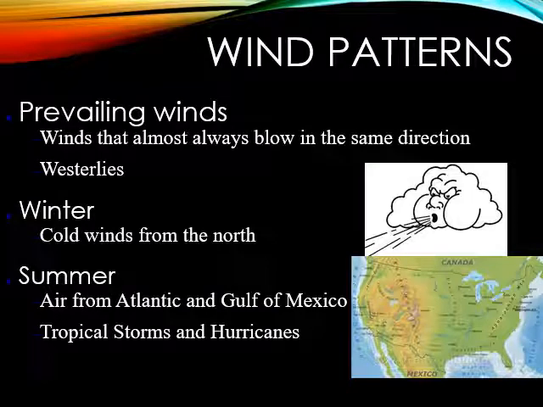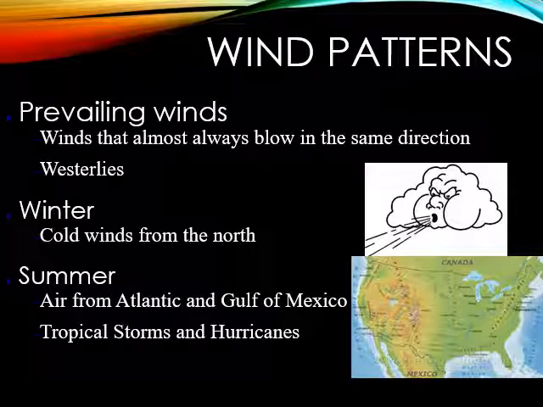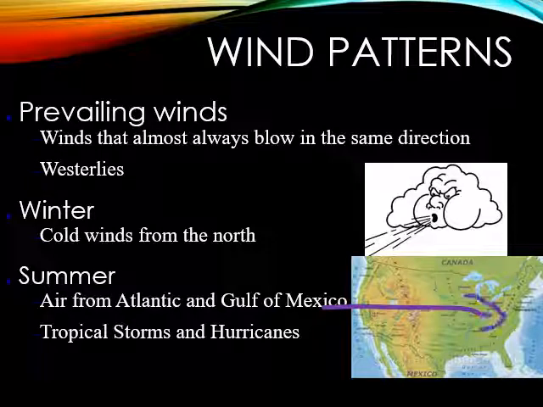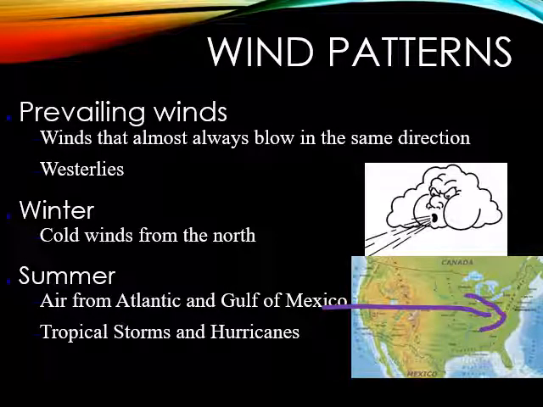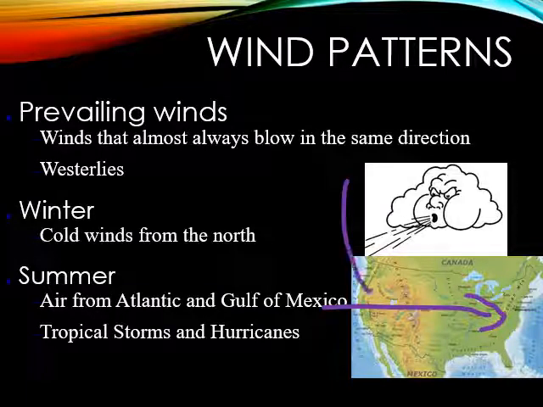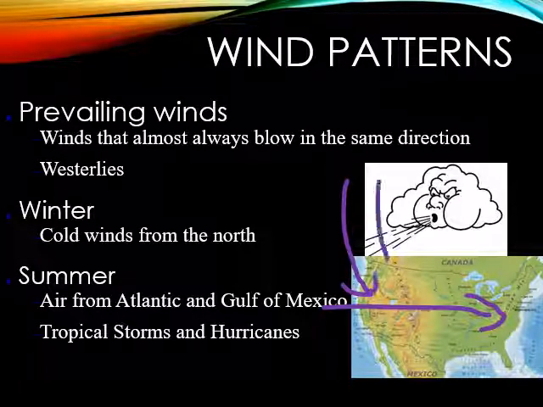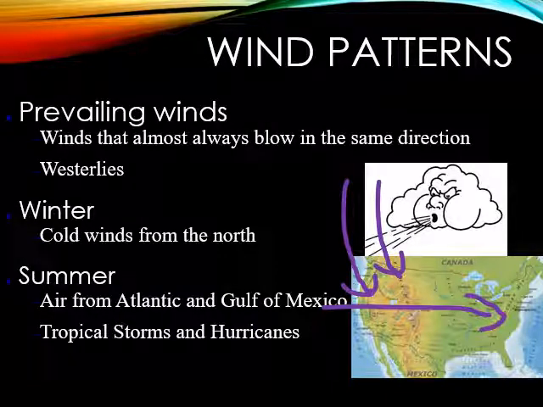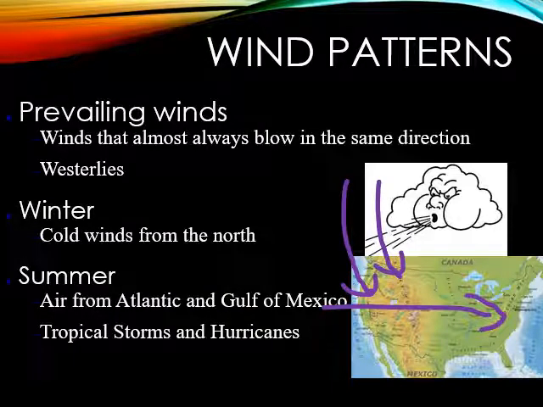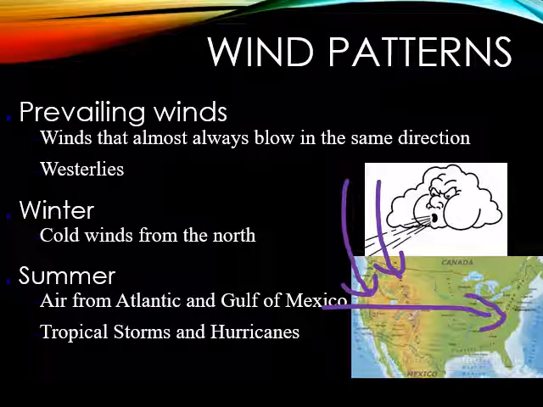They start in the west and they move to the east. As they're moving across the country, they're carrying with them the warmth or the cold. In the winter, the winds come in from the north up here, and that cold air is blown across the country, which creates the cold weather that we see in the winter.